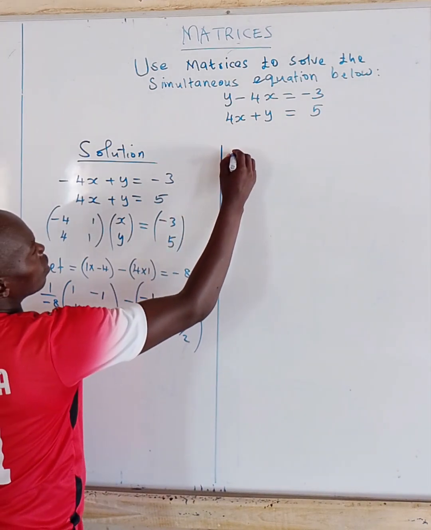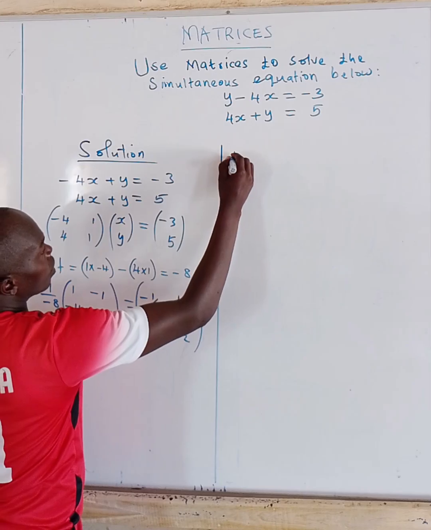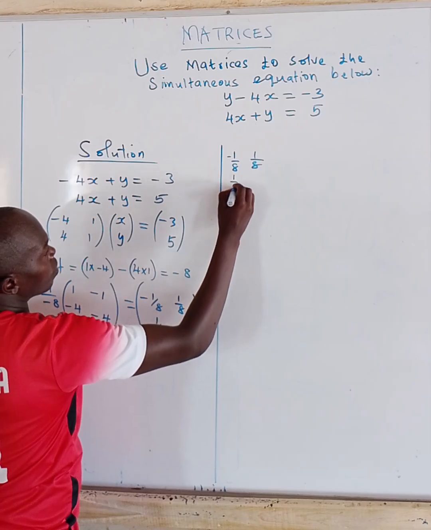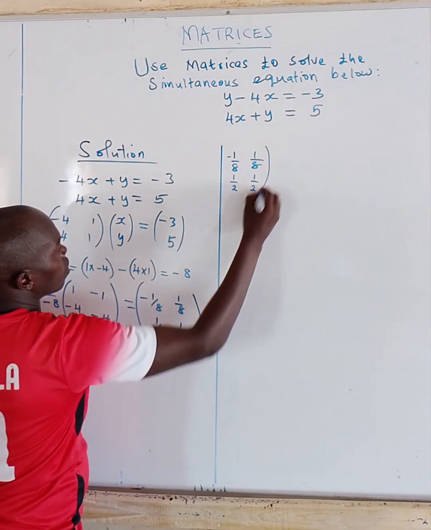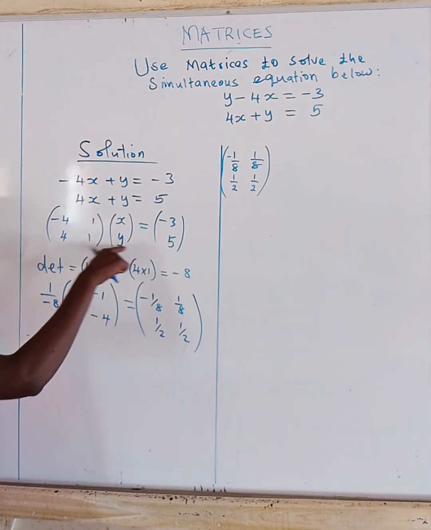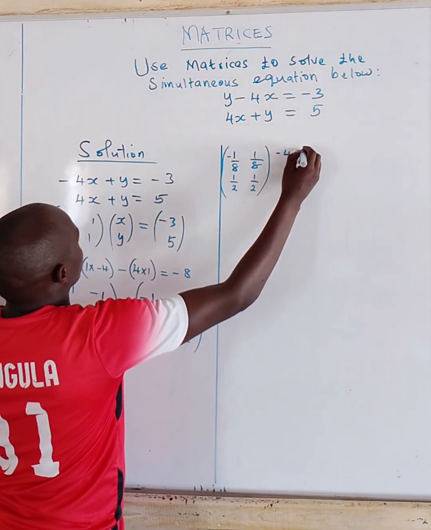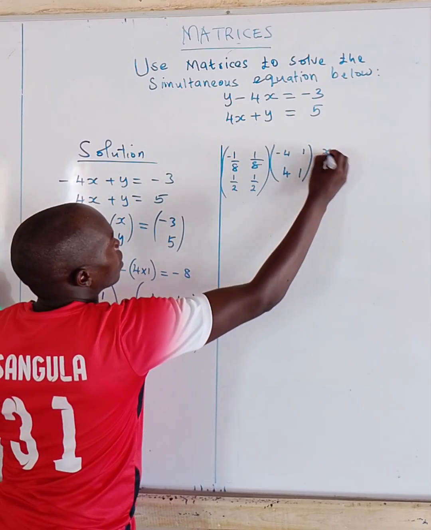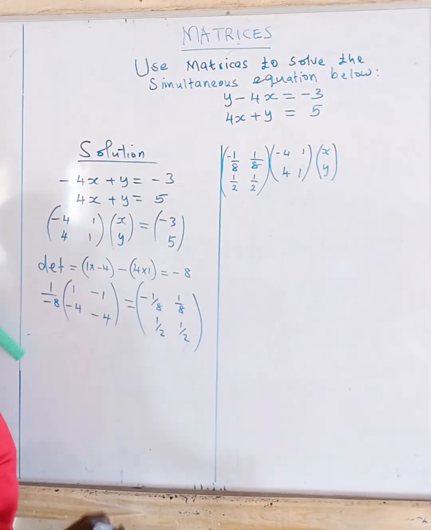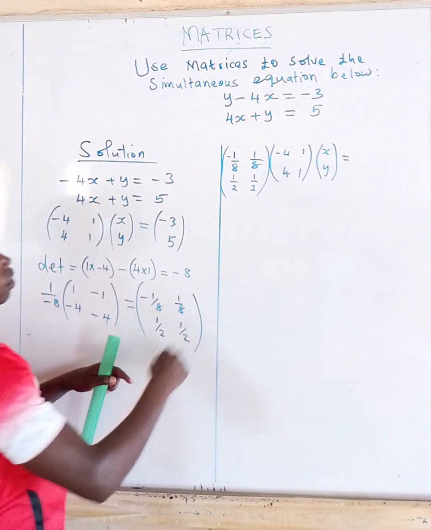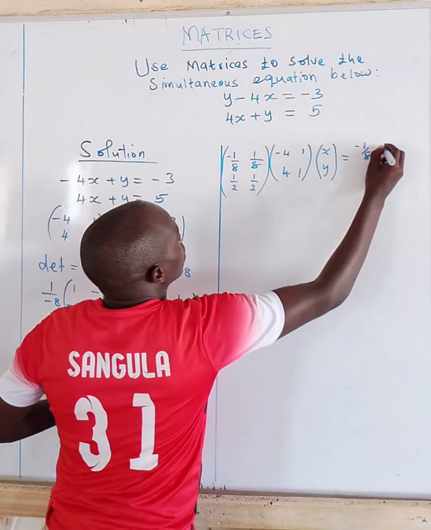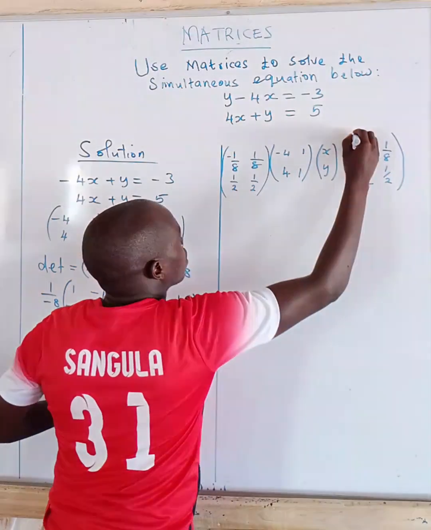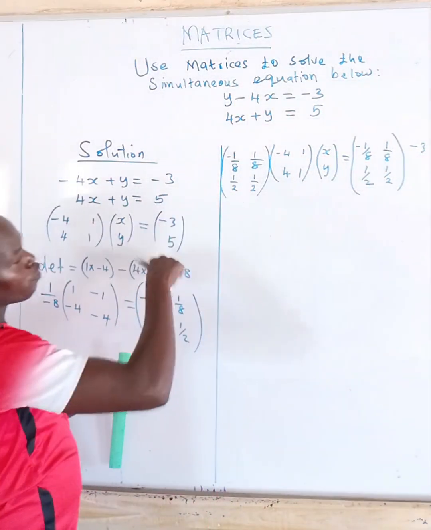So here we shall have the inverse, which is negative 1 over 8, 1 over 8, a half, a half, multiplied by the left hand side, which is negative 4, 1, 4, 1, multiplied by x, y, is equal to the same inverse, negative 1 over 8, 1 over 8, 1 over 2, 1 over 2, multiplied by negative 3, 5.